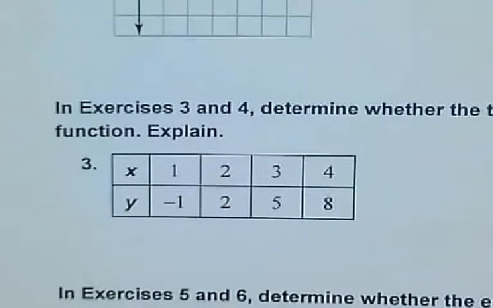What's the difference here? +3, right? -1 to 0, 0 to 1, 1 to 2. So the distance is 3. What's the distance here between 2 and 5? 3. What's the distance here between 5 and 8? Good. This is 1, 1, 1. This is 3, 3, 3. Do we have a common difference? Absolutely. This is linear. Yes, linear.